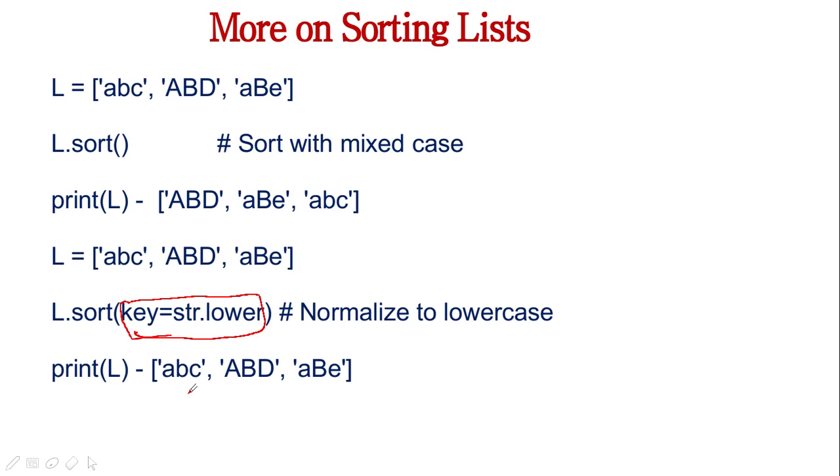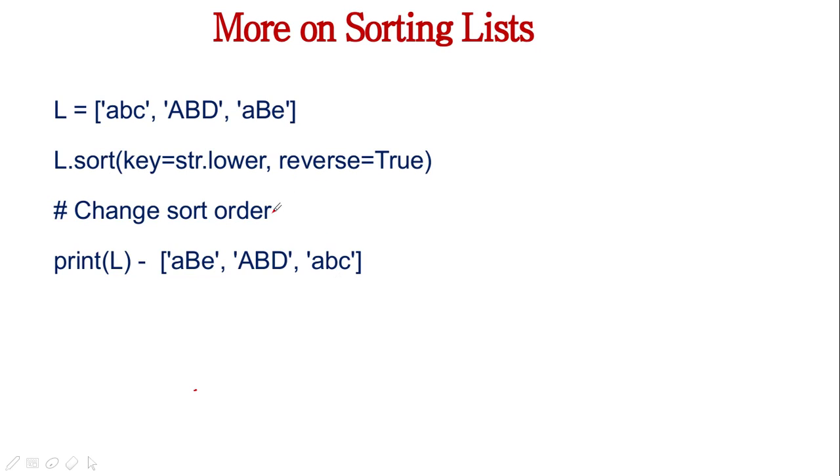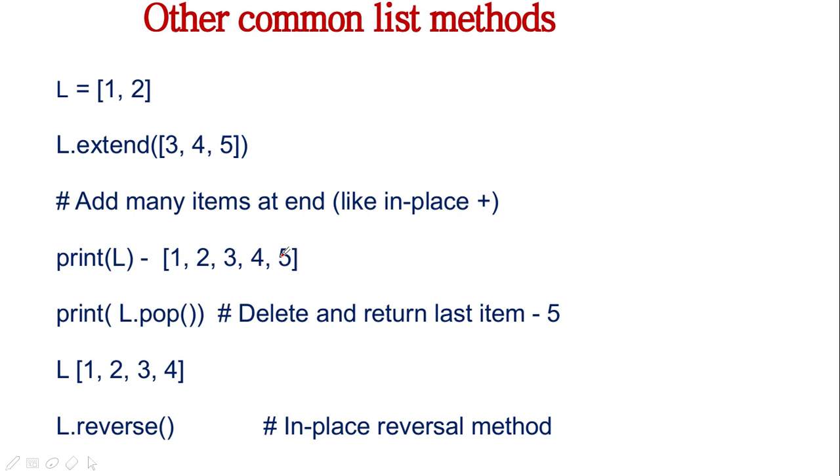You will see that it is coming in alphabetical order. And generally sorting happens in ascending order. If you want descending order, then you have to give one more argument, that is reverse equal to true. When you give reverse equal to true, it will sort in descending order.